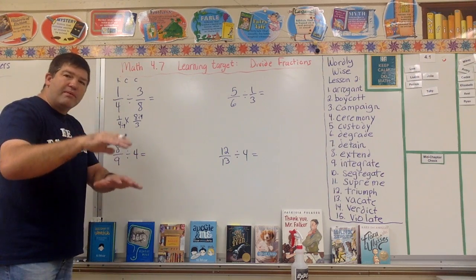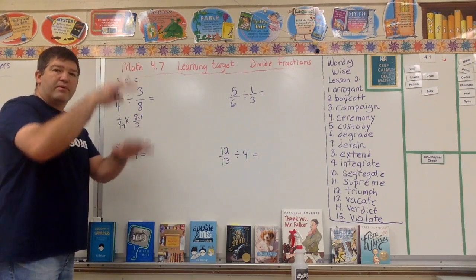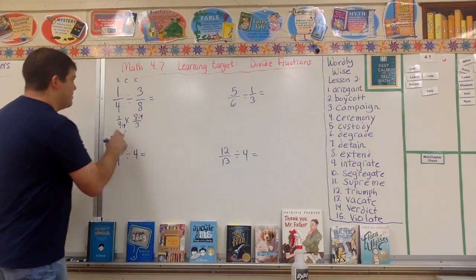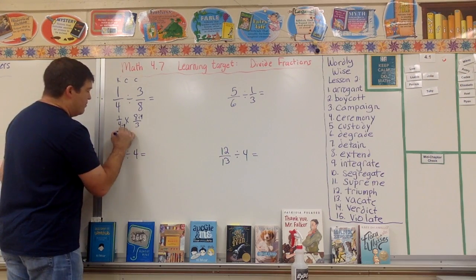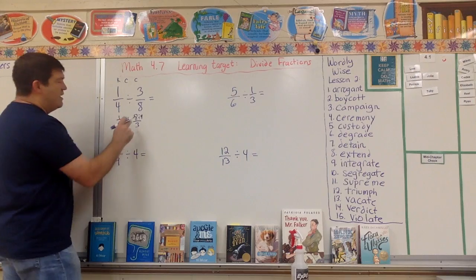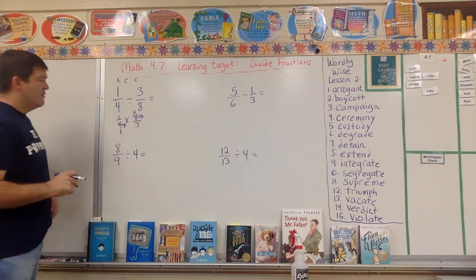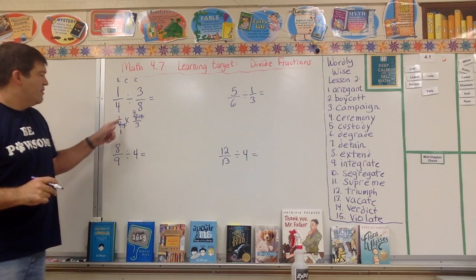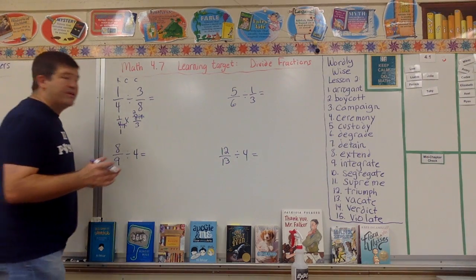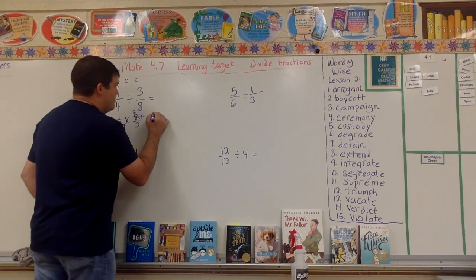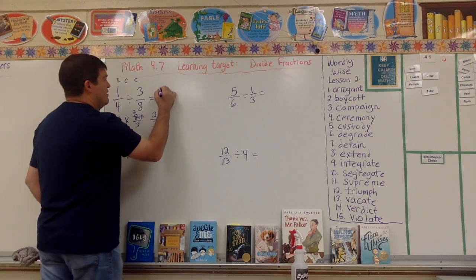So if the top is coming down, the bottom's coming down by the same amount, or up or down, whatever, but it's the same. So something on the bottom, 4 divided by 4 equals 1, okay? And then 8 divided by 4 is 2. So now I have 1 over 1 times 2 over 3, and it becomes so much easier. 1 times 2 is 2, 1 times 3 is 3.